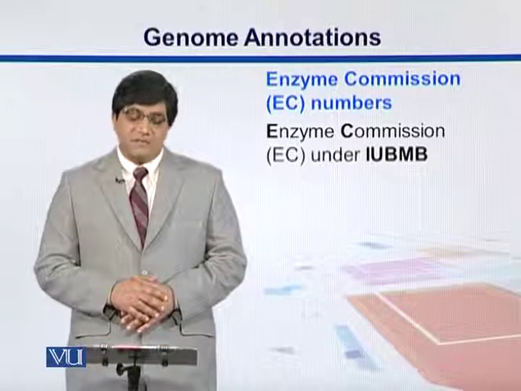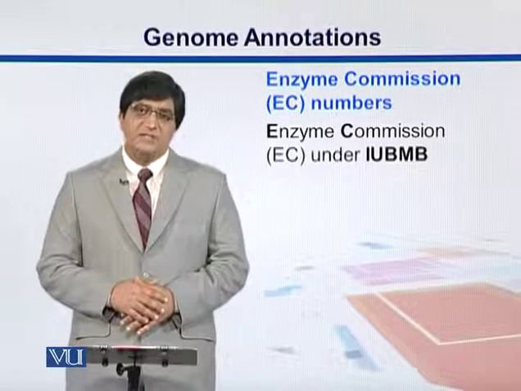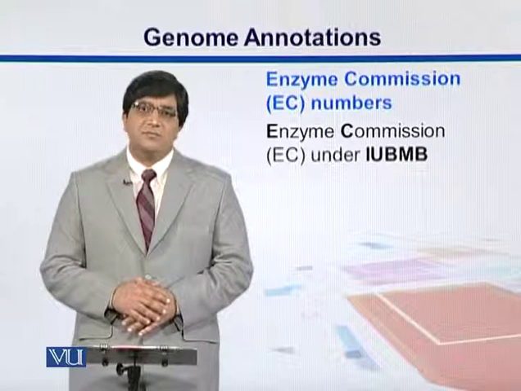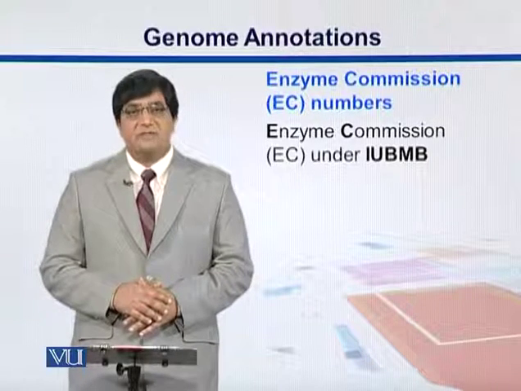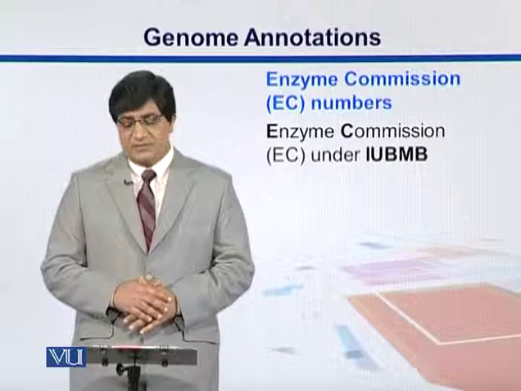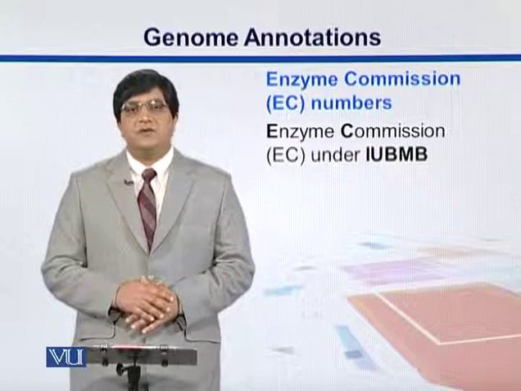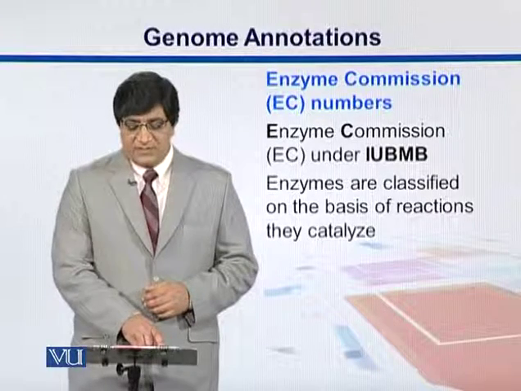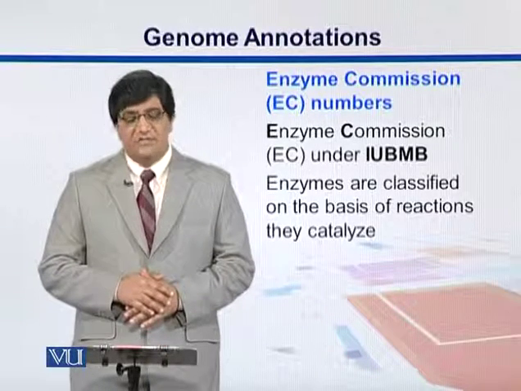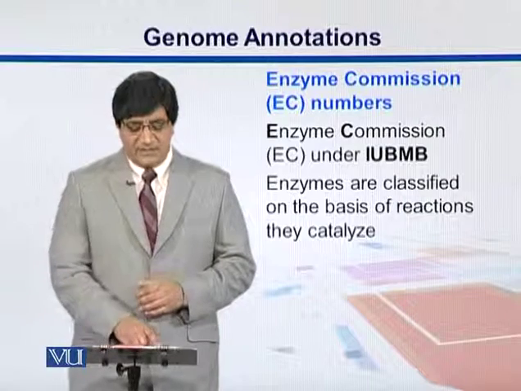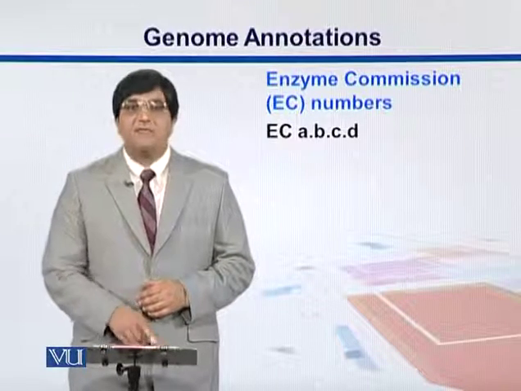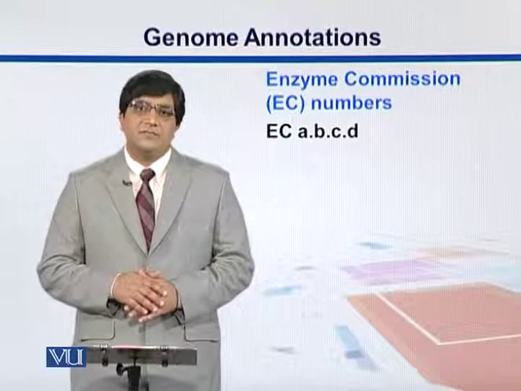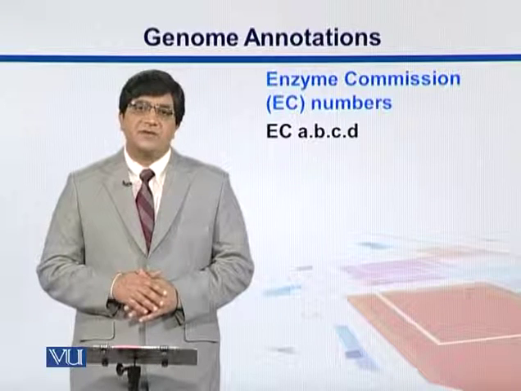There is another scheme, that is enzyme commission numbers or EC numbers. So that was put forward by the enzyme commission that was working under the IUBMB, International Union for Biochemistry and Molecular Biology. So they say that enzymes are classified on the basis of the reactions they catalyze, and we have a 4-digit scheme which is actually the enzyme commission number.